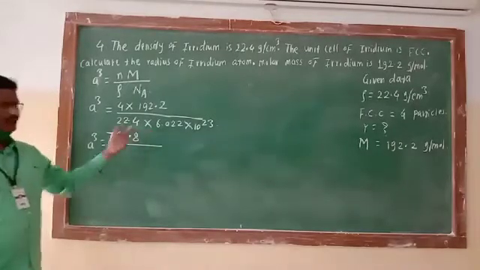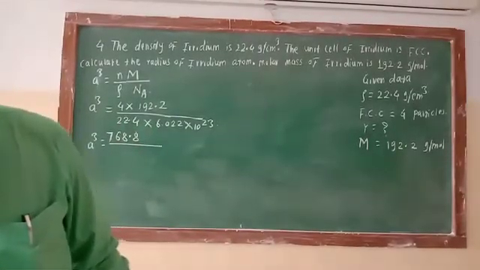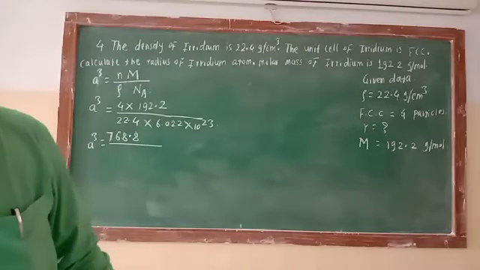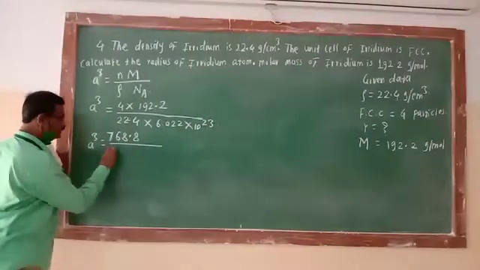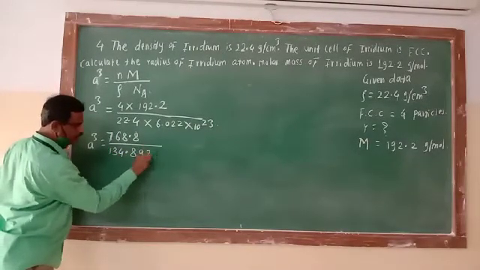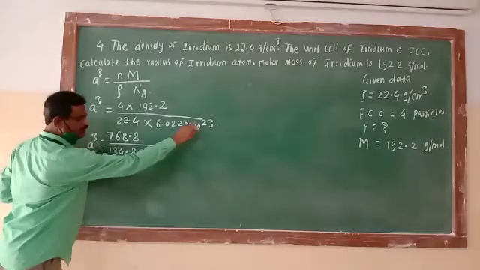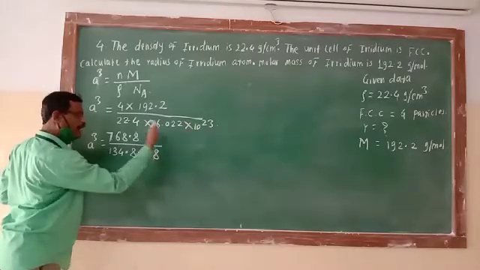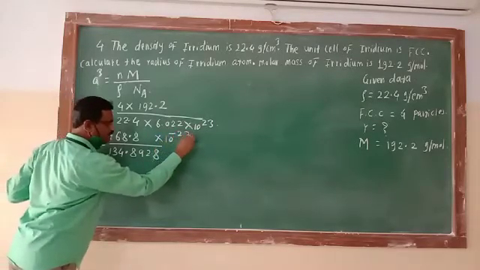If these two factors are multiplied, we will get the value equal to 134.8928, with 10 raised to 23 in the denominator. In the numerator, it will become 10 raised to minus 23.